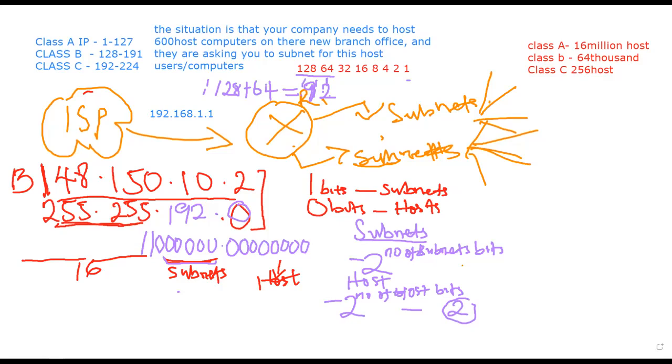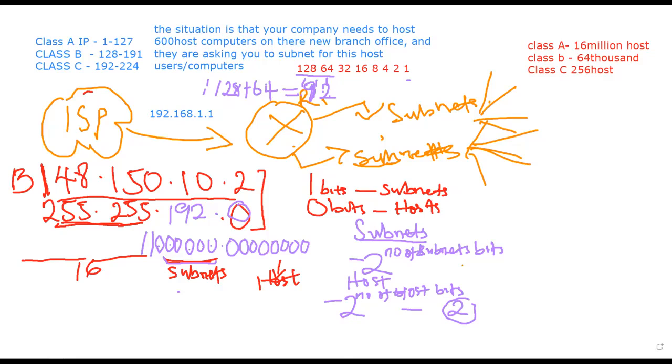All 0 bits are for host. So how many 0 bits do we have now? To calculate the number of hosts we would have in this network with this IP address and subnet mask, we have 8 already, 9, 10, 11, 12, 13, 14.